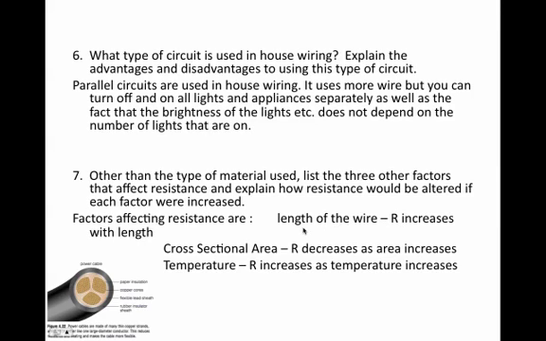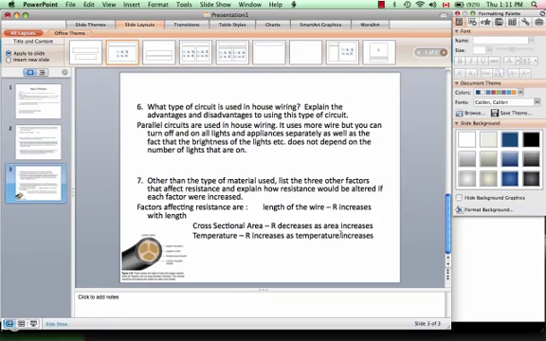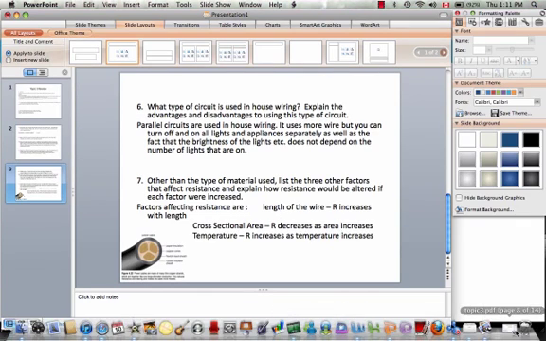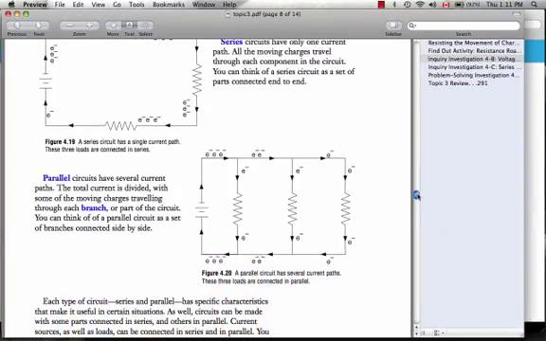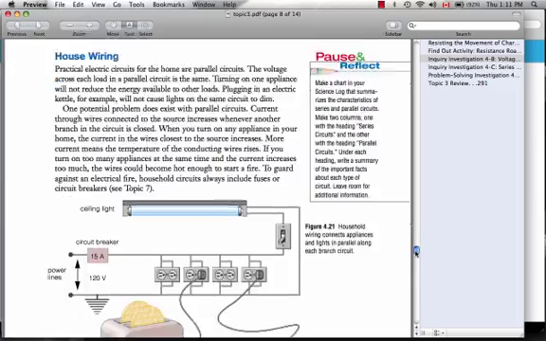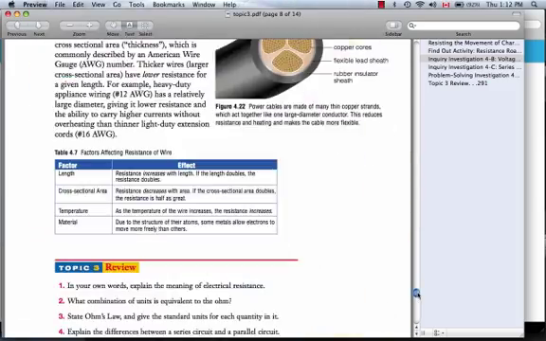So the shorter the wire, the faster the electrons can flow and the lower the resistance. Let me go to this page to show you. So resistance increases with length. So if the length doubles, the resistance doubles. So the shorter the wire, the faster they flow.